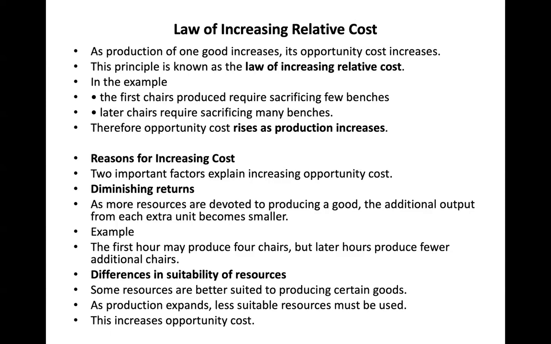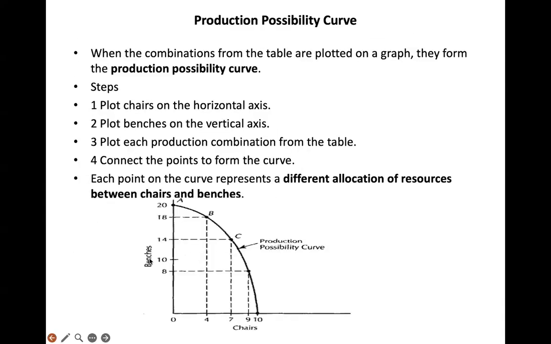I'm saying that on the production possibility graph, moving along the production possibility curve, you first notice that producing additional chairs requires giving up only a few benches.